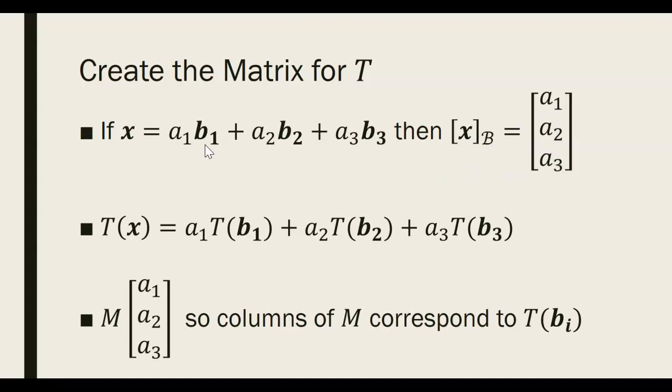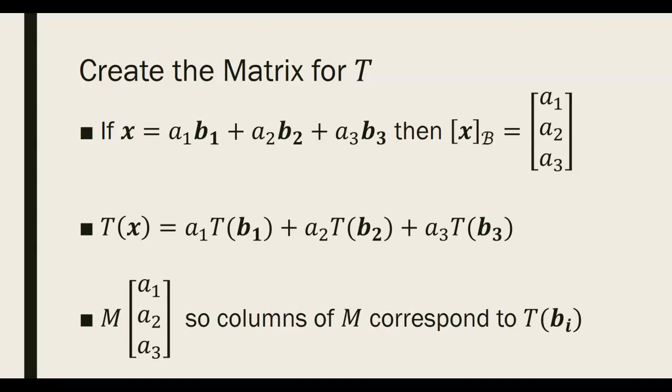In this case, I have 3 basis vectors, and therefore my coordinates are going to have 3 entries, which we call a1, a2, a3. Now, recall what's going to happen.